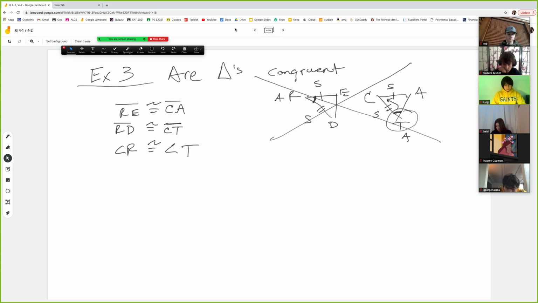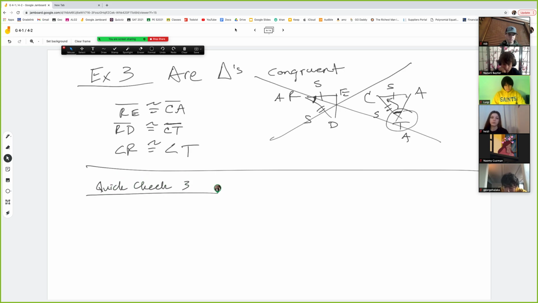All right. Looking down at quick check number 3. All right? Now here we have a case where two triangles are congruent, but we're not going to be able to prove it by SAS. Okay? And here's why.